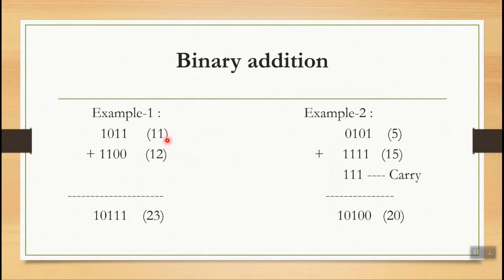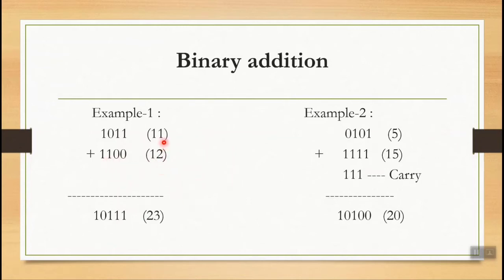See, this is decimal 11 and this is decimal 12. 11 is written like this in binary. This is position 3, 2 to the power 3, that is 8. Then this is 2. 8 and 2 plus 1 is 11. And this is 12 in binary, 8 plus 4, 12.